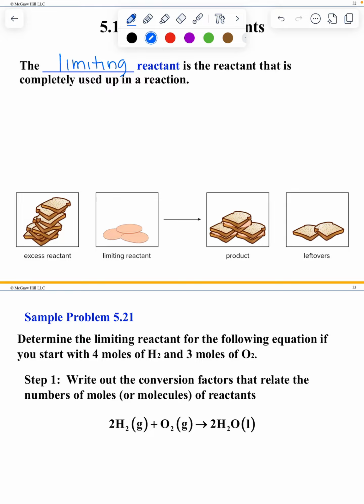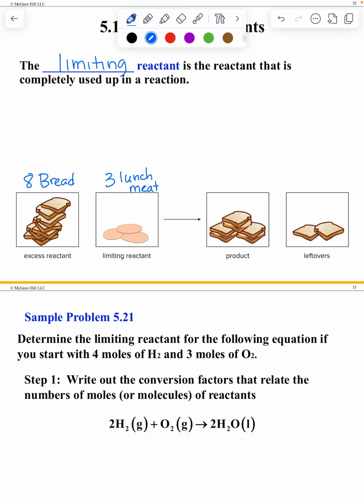And if we were to make sandwiches, we can see that we can only make 3 sandwiches because we only have 3 pieces of lunch meat. And we were going to have 2 pieces of bread left over, 2 pieces of bread that we see here. So in this example, our lunch meat was our limiting reactant.